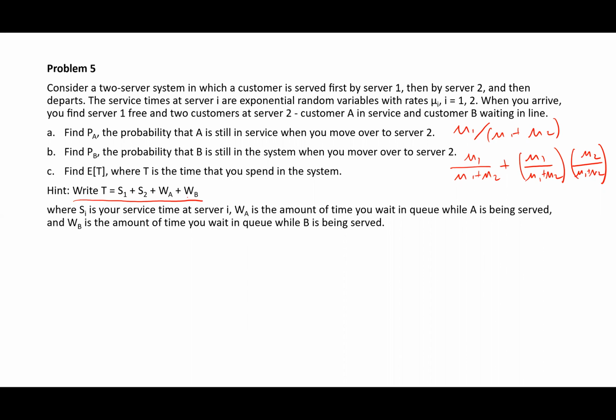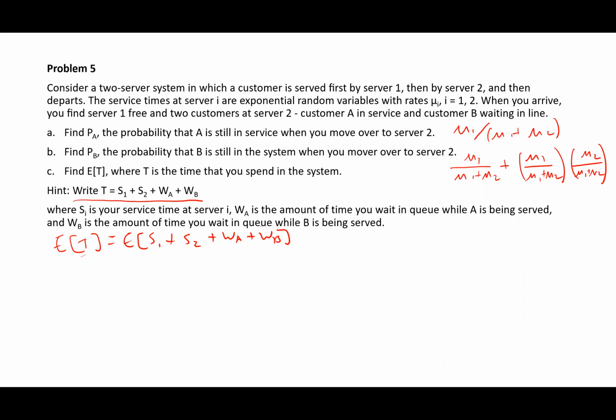S1 and S2 are the service times at the respective servers. WA is the waiting time for person A to leave the system, and WB is the time that you wait for customer B to get service and leave the system. So ultimately, I'm solving for the expected value of T, which I can rewrite as the expected value of S1 plus S2 plus WA plus WB.